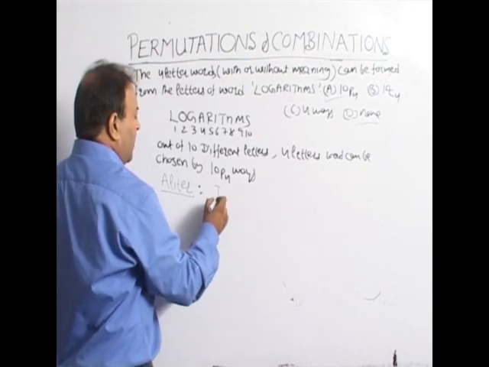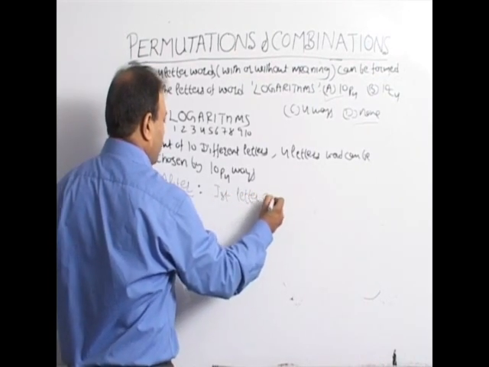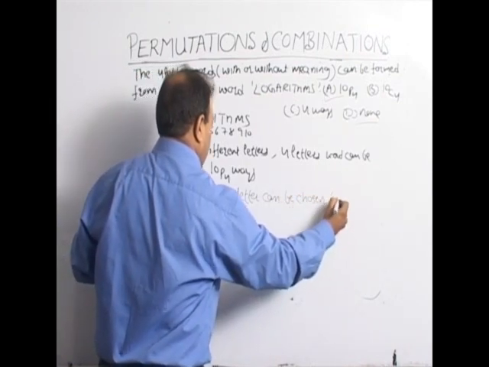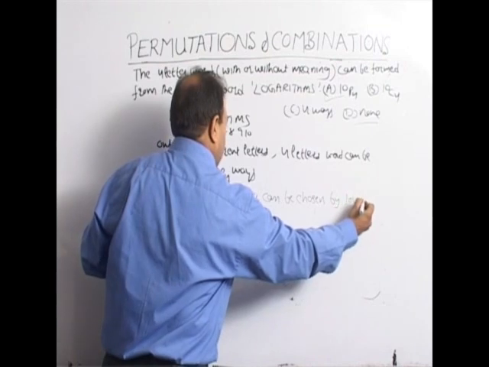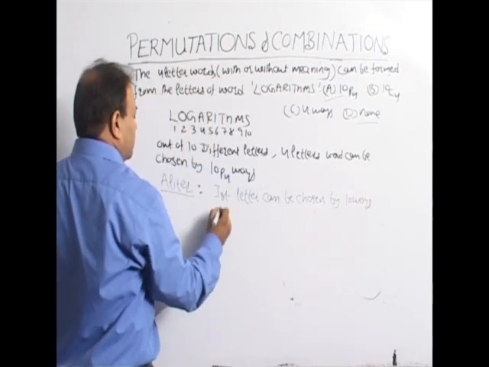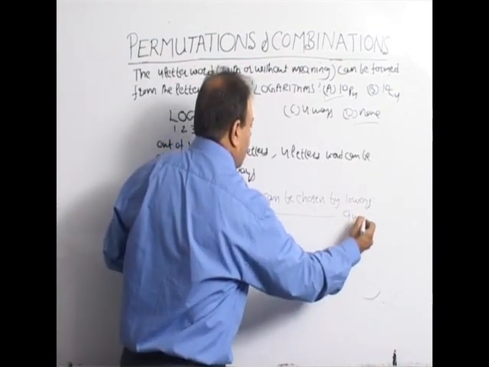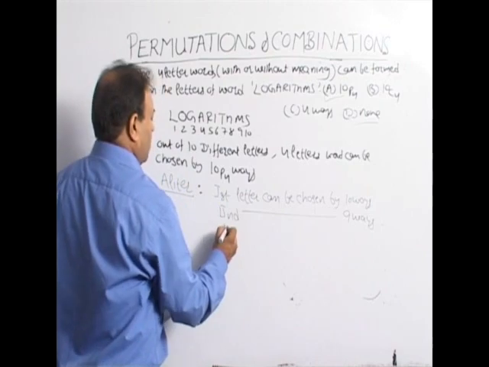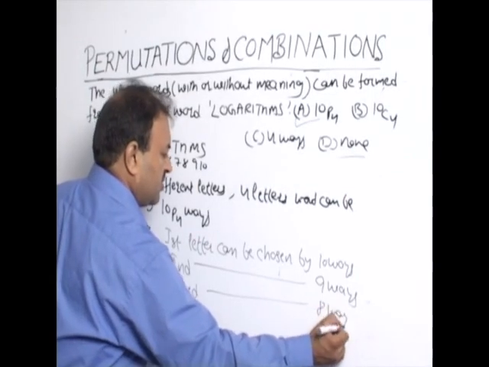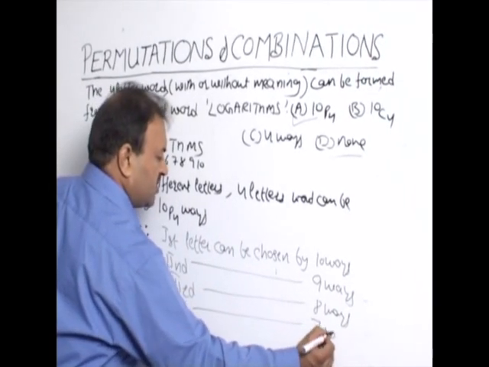The first letter can be chosen in 10 ways, the second letter in 9 ways, the third letter in 8 ways, and the fourth letter in 7 ways.